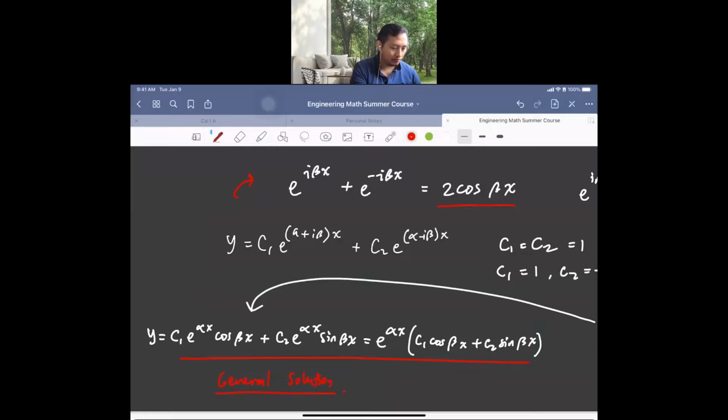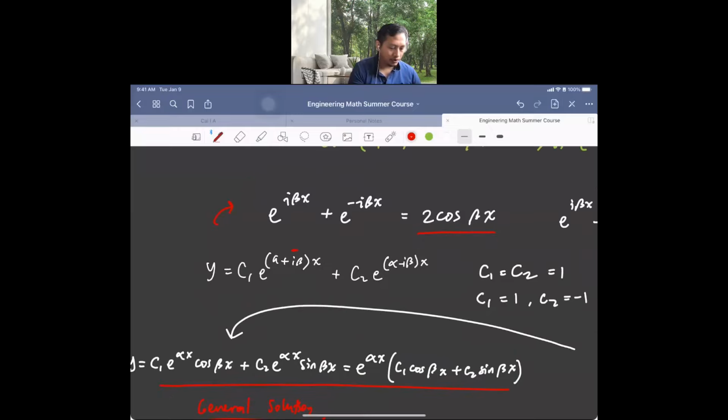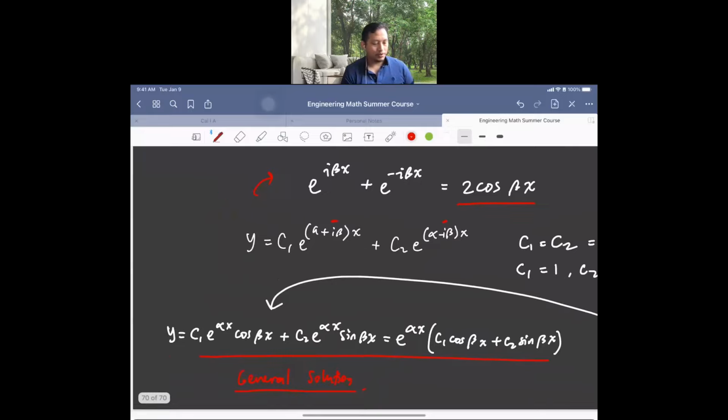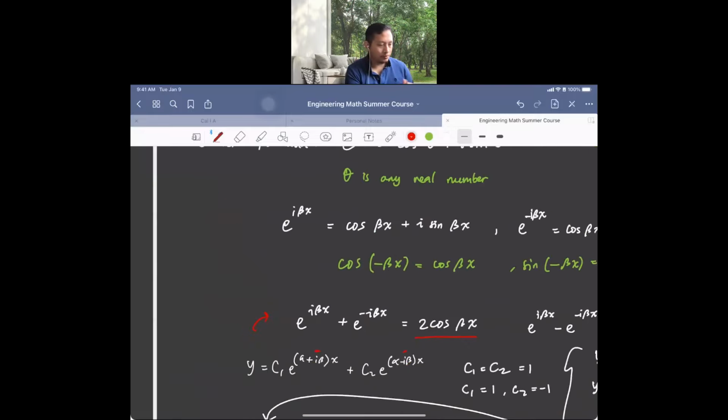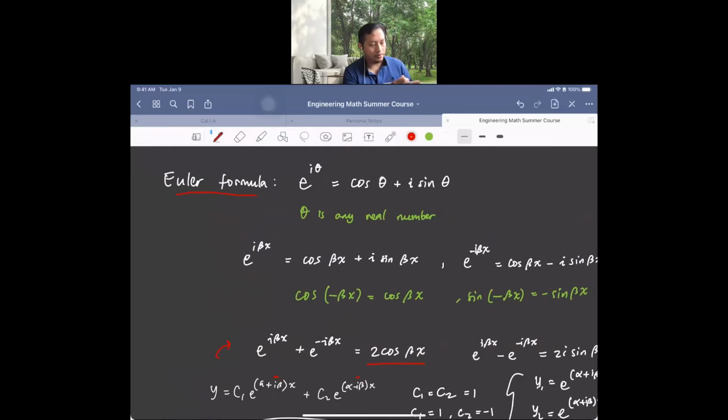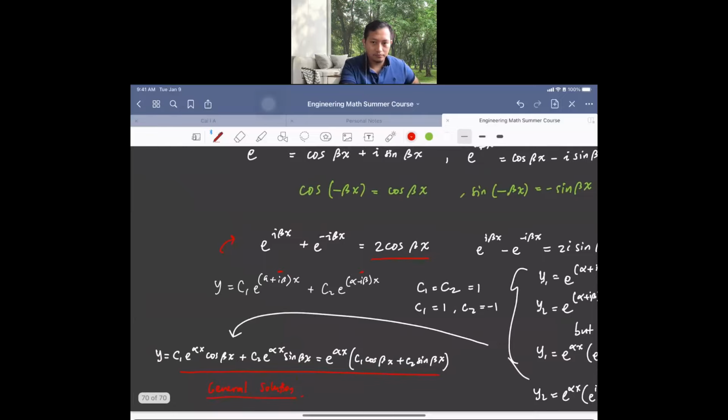So instead of writing with some i here, we can write a more practical general solution using the approach from the Euler formula. I haven't given you more detail on this formula, but let's say this is the formula that connects the real numbers with the complex.